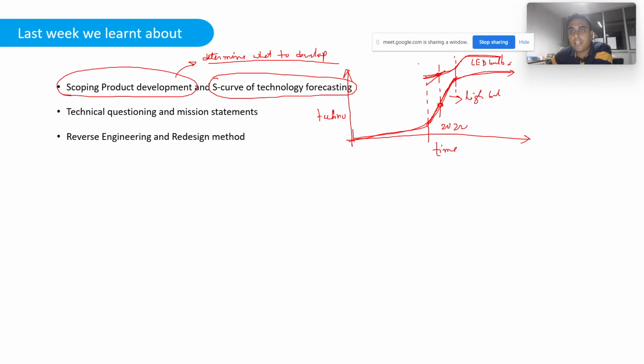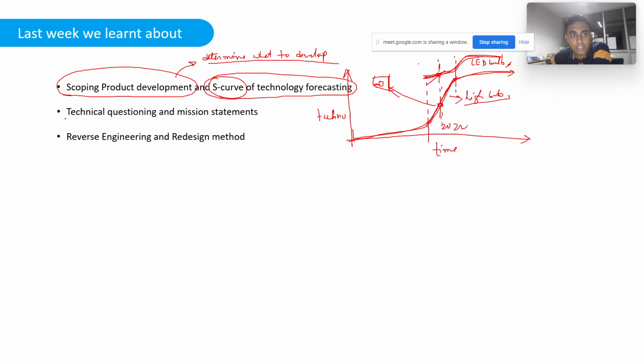If you are designing a bike headlight and want to choose some sort of bulb inside, you can decide whether to go with a previous generation incandescent light bulb or halogen light bulb, or you want to go with a LED bulb. And for determining that you use this particular S curve, which defines technology forecasting.